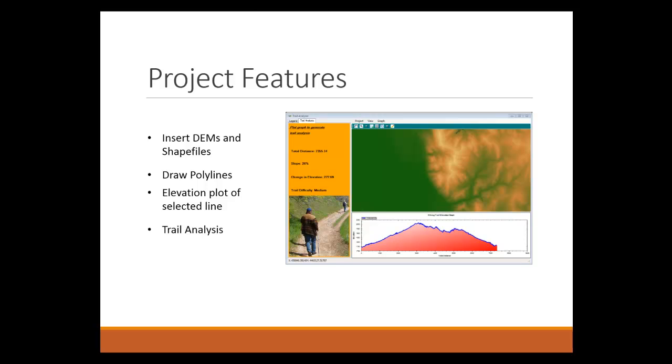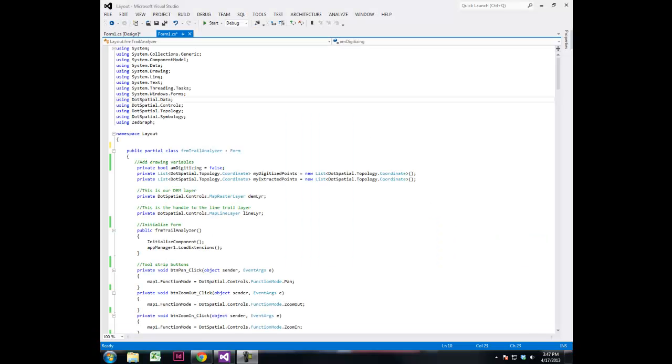They can see an elevation plot of a selected line and also preview trail analysis that we have set up. There are also just basic map controls and minor features that are available as well. So we're going to talk about our code and also demonstrate the actual interface of our project that we've made.